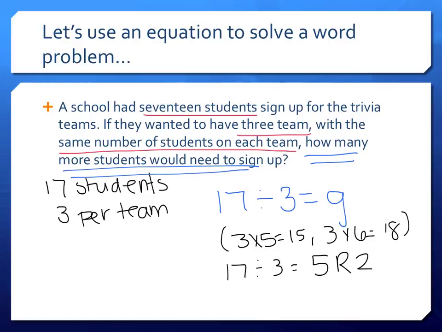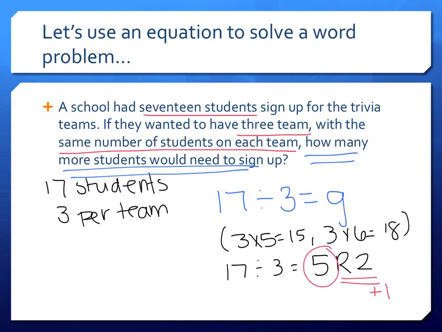5 remainder 2 answers my equation, but it doesn't answer my question. How many more students would need to sign up? Well, I know that they can make 5 full groups based on the number of students signed up, and that there's 2 students left. So to make that last group an even team of 3 people, I would need 1 more person.